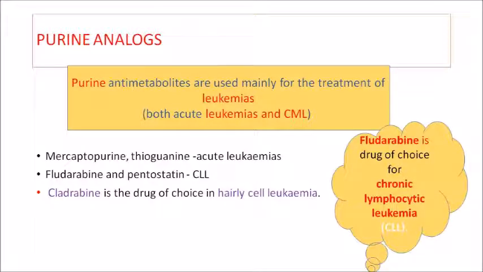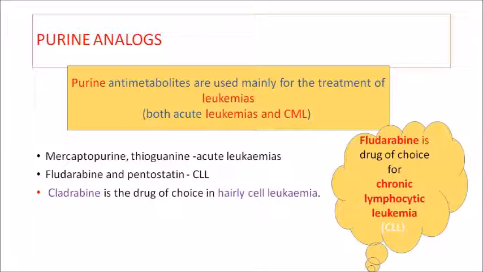Coming to purine analogs. Analogs means they act like the purine and competitively inhibit the purines. So purine antimetabolites are used for the treatment of mainly leukemias. Both acute leukemias and CMLs are treated using purine analogs. Purine analogs, you remember the drugs? We remembered that using 4 actors' names. Yes, Mammootty, Tovino, Charlie Chaplin, and Prithviraj.